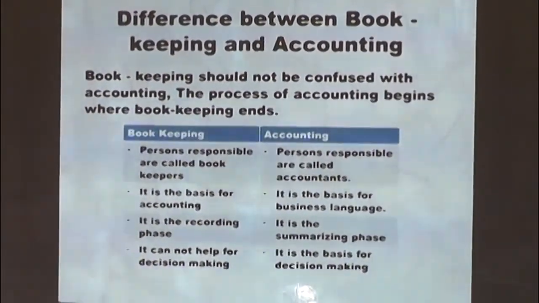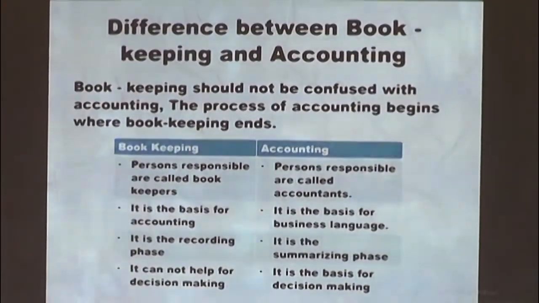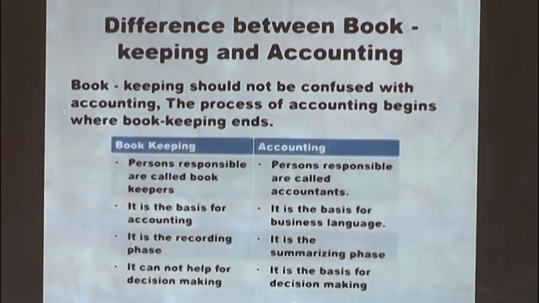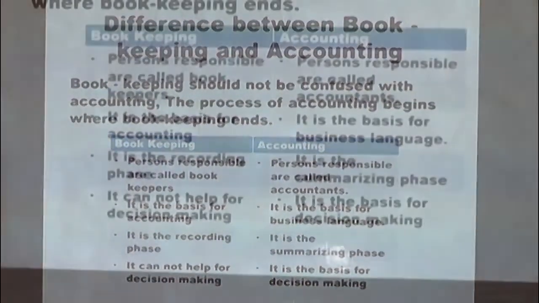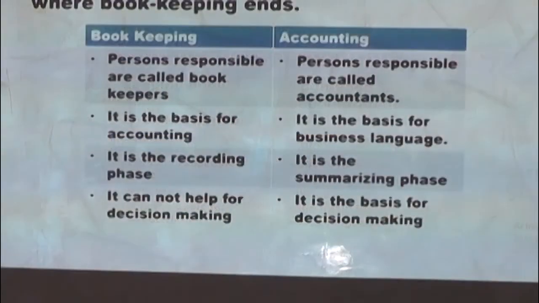You need to also understand that bookkeeping is the basis for accounting. What does that mean? It is the one that gives rise to financial accounting, whereas we said that accounting itself is the basis of what? Business language.